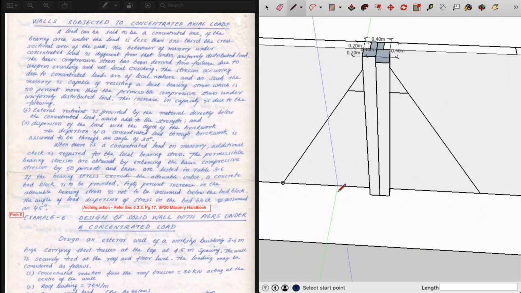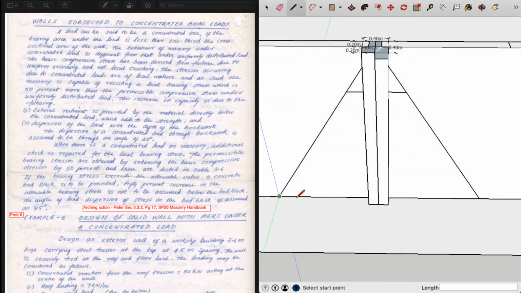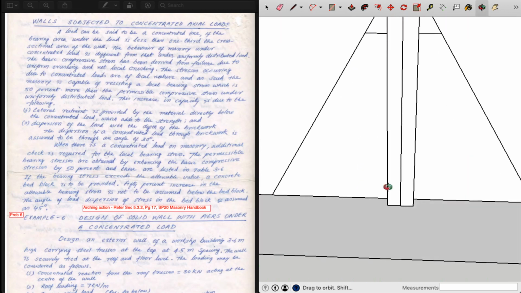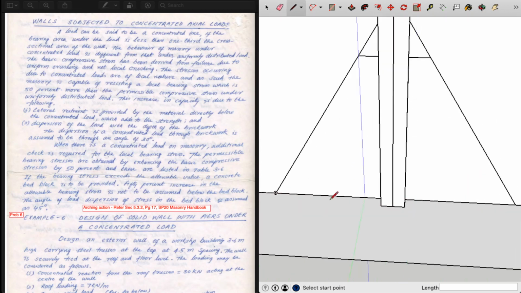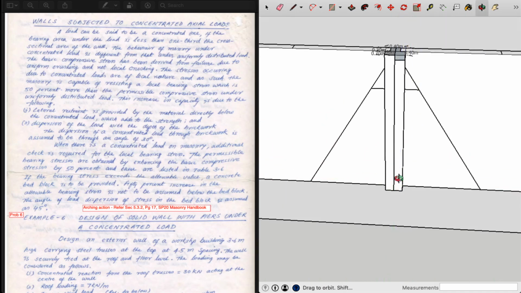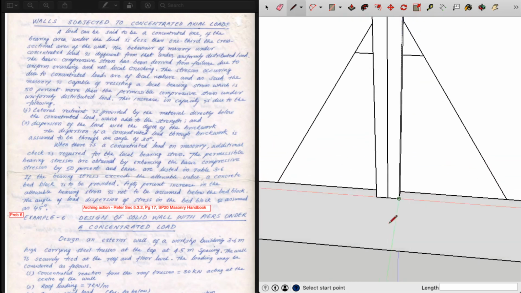Whatever concentrated load is applied is distributed in this pattern to the bottommost part of this line. Now to calculate this geometrically, we can simply measure the distance from this point to this point. We get it straightforwardly.